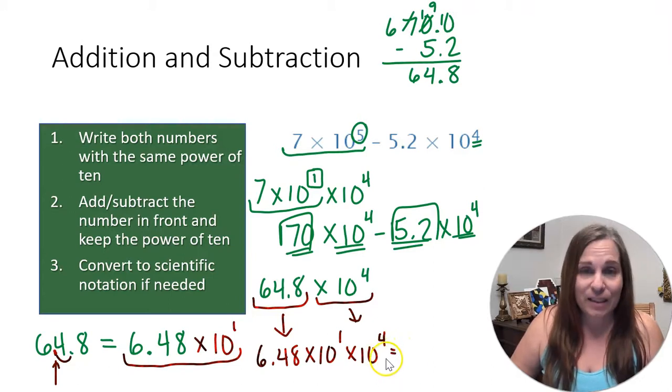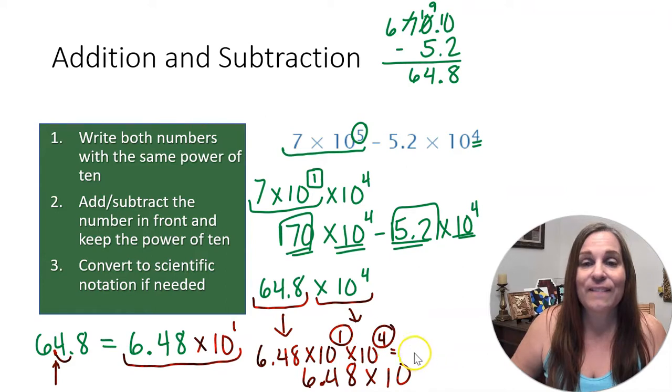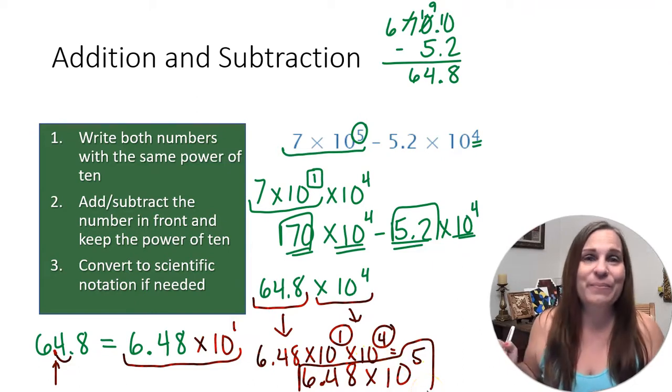So altogether, I would have 6.48, sorry, I'm running out of room down here, times 10 to the fifth. So that would be my final answer for that one.